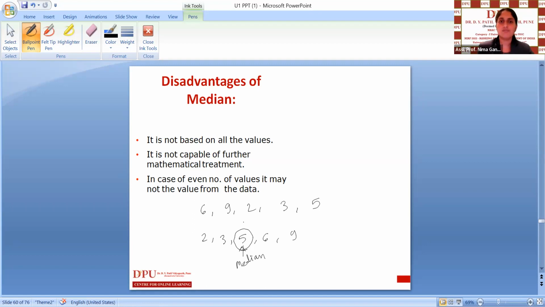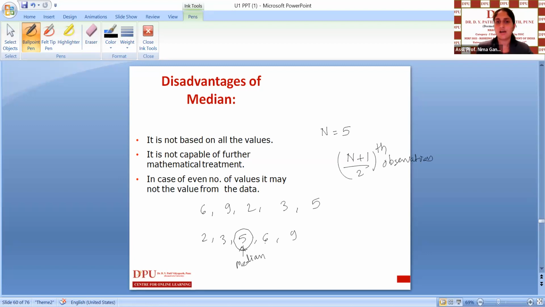So how can you do this? How many observations do you have? Let's say your capital N, the number of observations, is 5. So you add 1 to the 5, and you find the (N plus 1) by 2th observation. So 6 divided by 2 is the 3rd observation when you arrange the data in increasing or decreasing order.